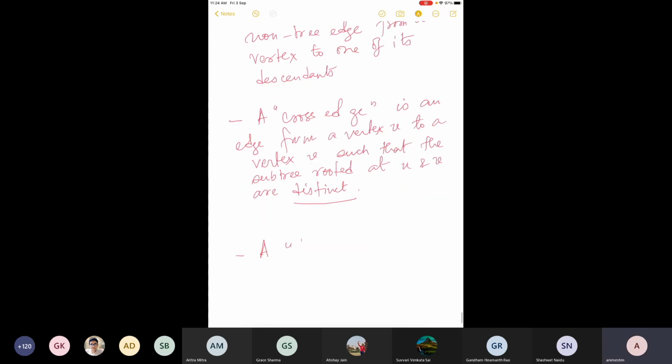A back edge is an edge from a vertex to one of its ancestors.